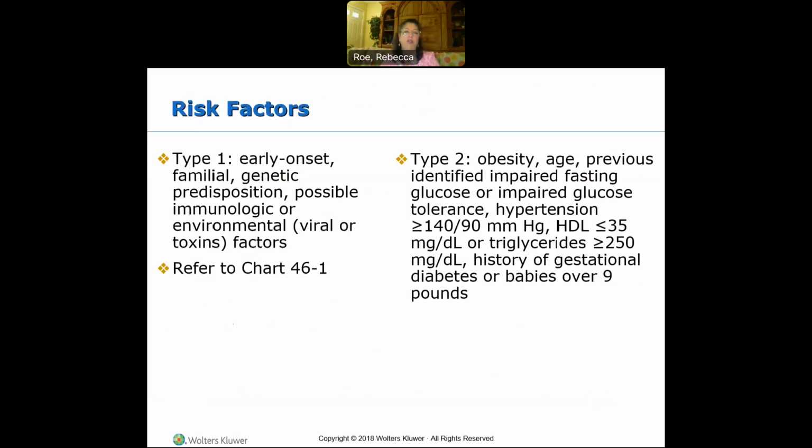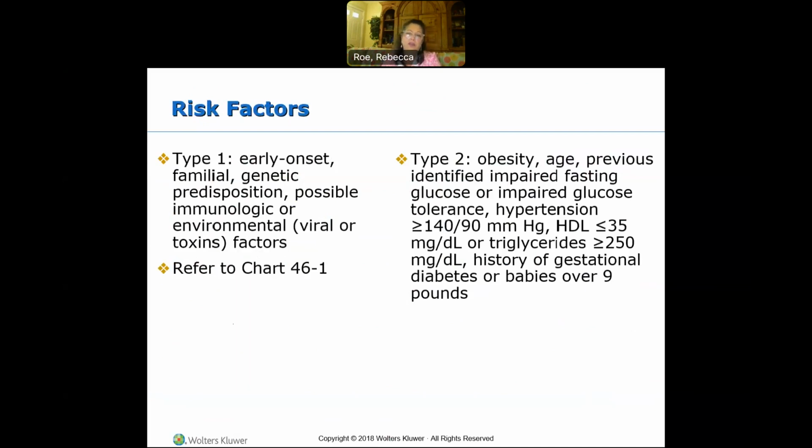So what are your risk factors for type 1 and type 2? So risk factors are early onset, familial, genetic predisposition, possible immunologic or environmental, which would be your viral or your toxins as those factors. And then your type 2 would be obesity, your age, impaired fasting glucose or impaired glucose tolerance with hypertension.